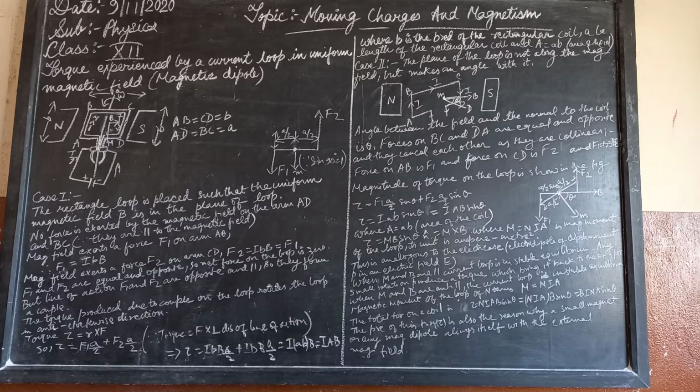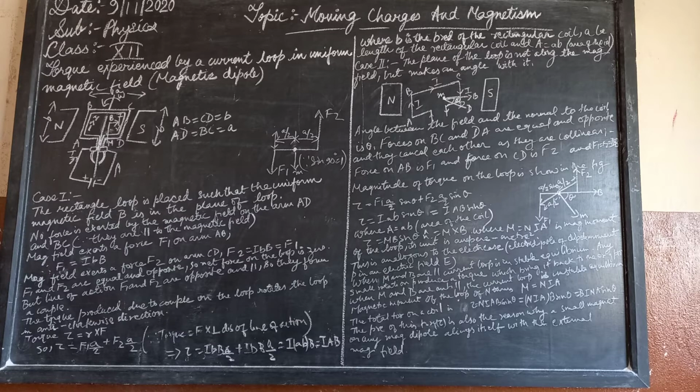This is analogous to the electric case, an electric dipole of dipole moment p in the electric field E. Where m and B are parallel, the current loop is in stable equilibrium, and a small rotation produced will result in a torque that brings it back to the original position. When m and B are anti-parallel to each other, the current loop is in unstable equilibrium.